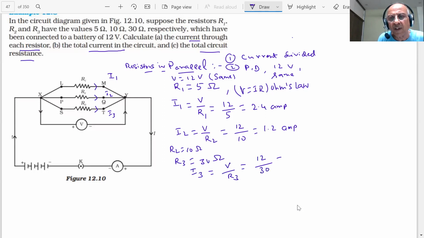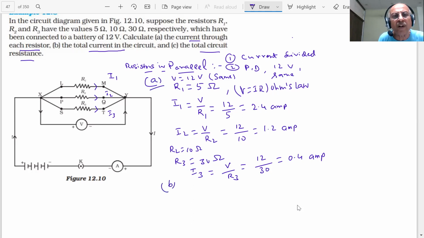R3 is 30. So 0.4 amperes. The higher the resistance, the lower the current. You can see current becomes less. Current is inversely proportional to resistance, we told you. Therefore, first question, the current through each resistor, this is A part. Answered A part.